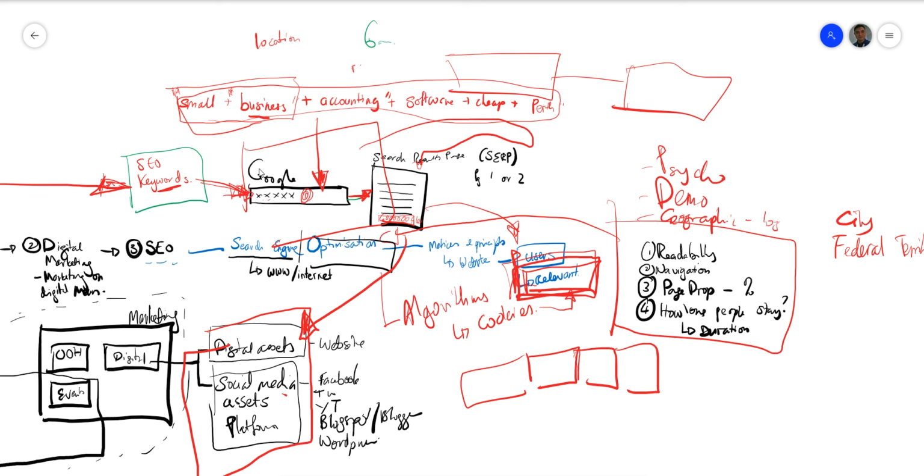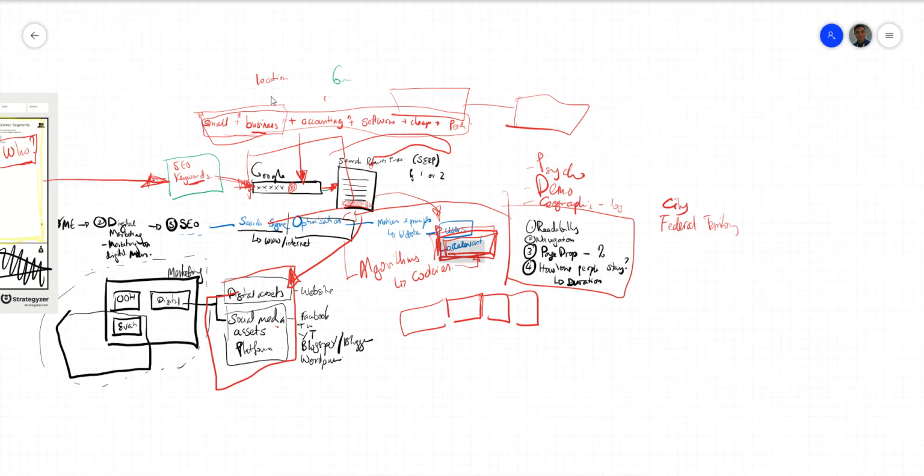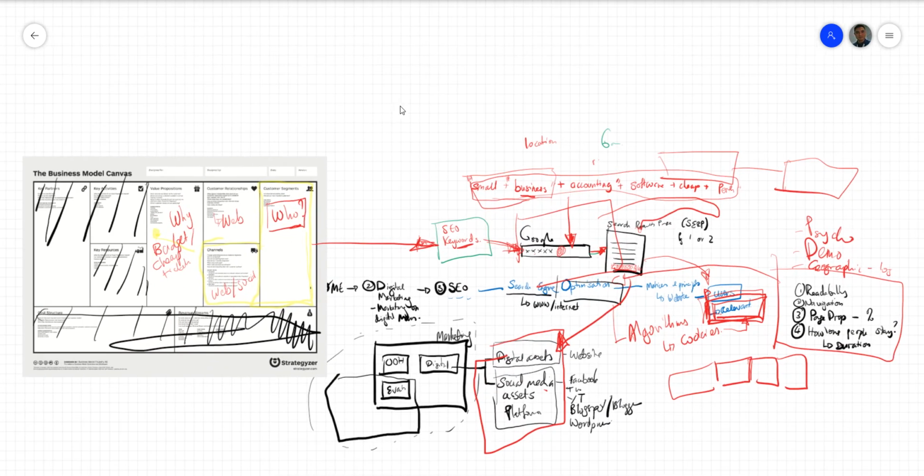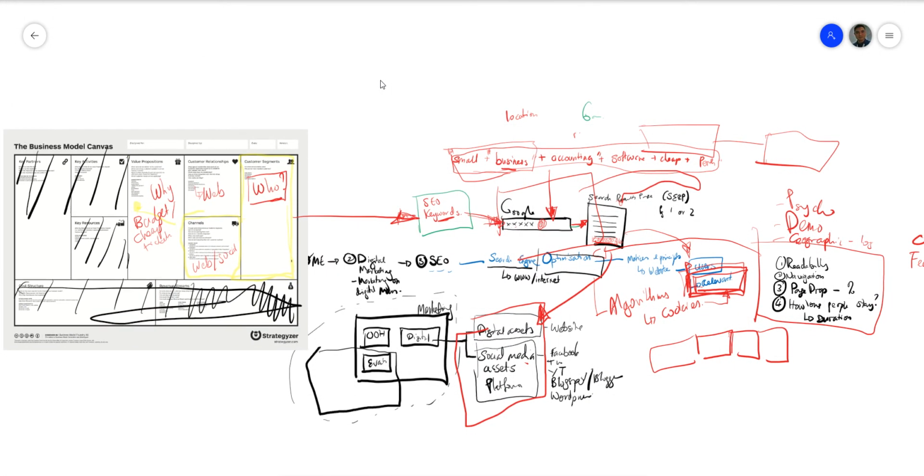That is what I want you to bear in mind. So SEO isn't that isolated information which you can get consultants to come in and just pluck from the sky, or in some cases run through an algorithm.